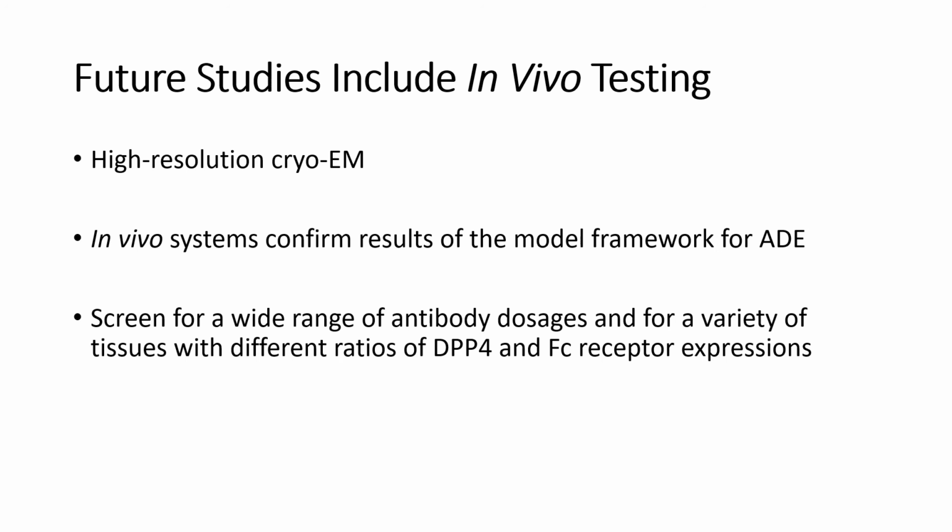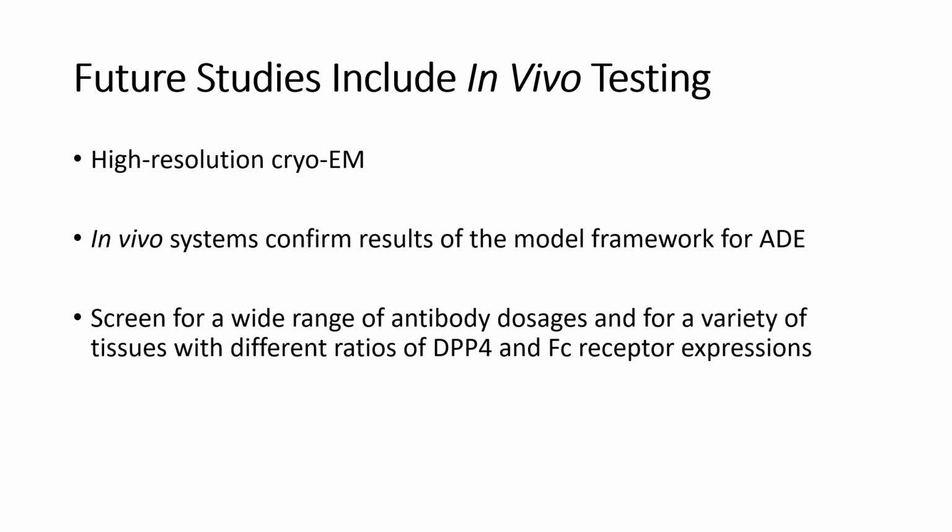Step 2, they wanted to use in vivo systems to confirm results of these in vitro systems that provide the model framework for ADE. And then for part 3 of their future studies, they wanted to do in vivo studies.